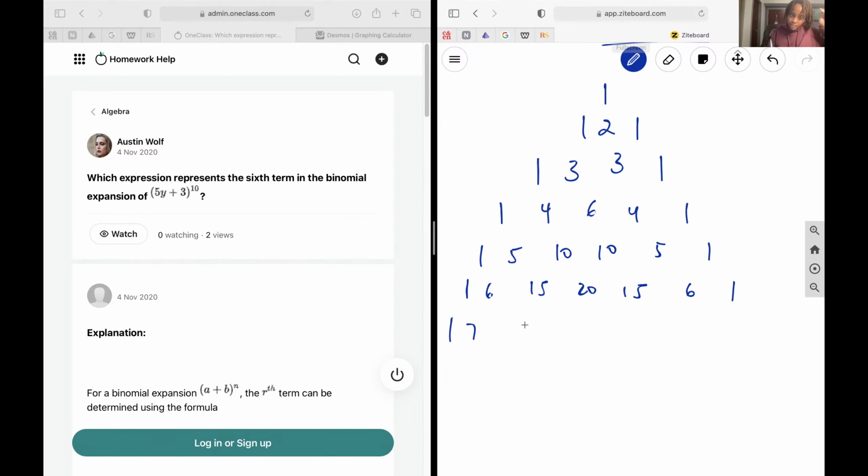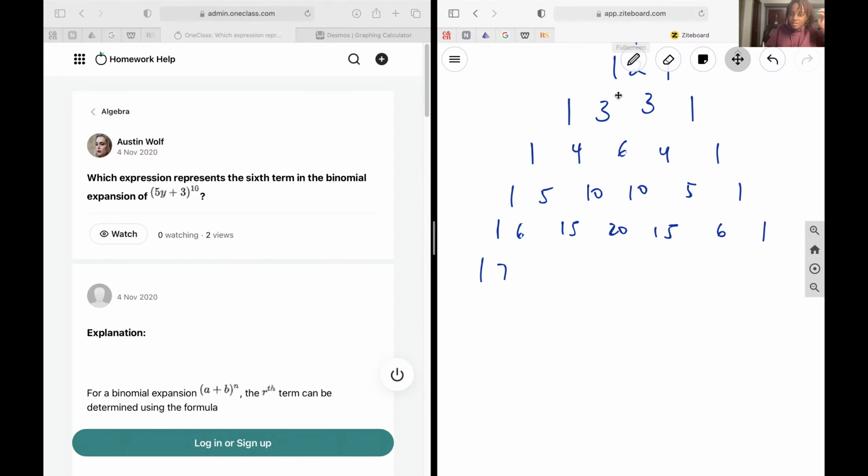And if you haven't noticed, there's symmetry in each row. Sorry, that wasn't clear enough. 1, 7, 21, 35, 35, 21, 7, 1, 1, 8. Space things out.